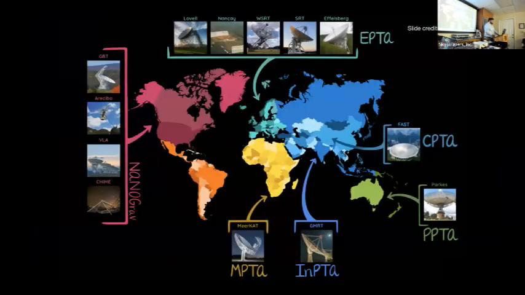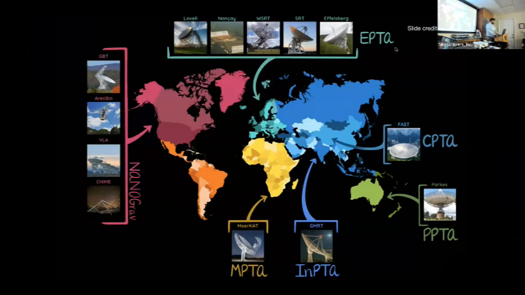Now, there are several pulsar timing arrays all around the world. Already, Steve mentioned NANOGrav, which is the pulsar timing array here in North America. It's a collaboration across the United States and Canada. But there are several other pulsar timing arrays around the world as well.